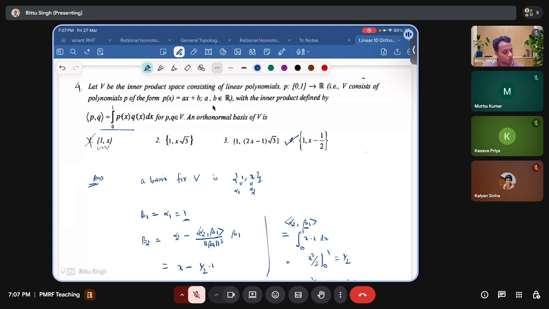So this is not orthogonal, and you can check that this is also not orthogonal, because if you integrate 1 times x root 3, you will not get the 0 vector. It is root 3 by 2. So this is non-zero, therefore 2 is false.